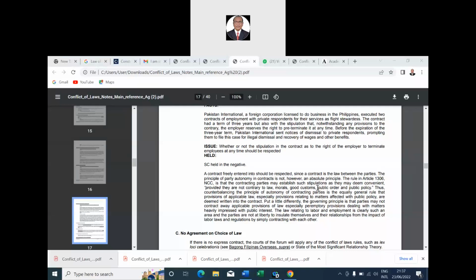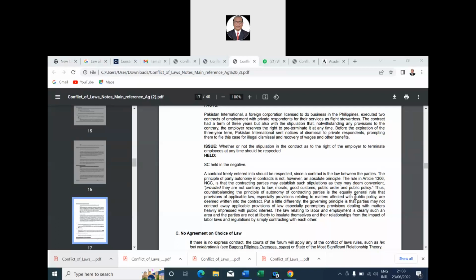See, the words are deem convenient, provided they are not contrary to the law, morals, good customs, public order, and public policy. Yesterday we discussed that it should not be contrary to law, morals, good customs, public order, and public policy.